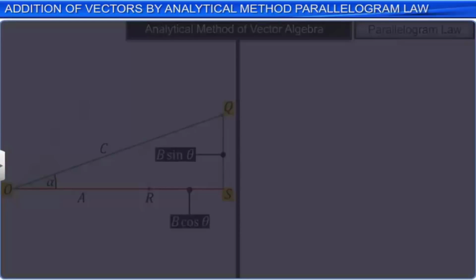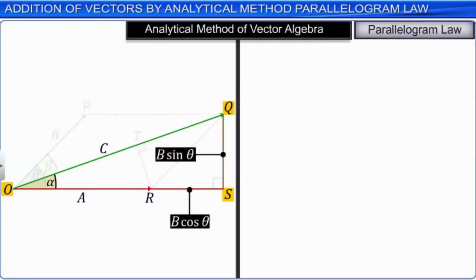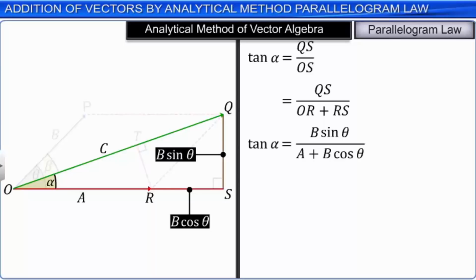Tan alpha is equal to B sine theta by A plus B cos theta. Let this be equation 16. From this equation, we can find the direction of the resultant vector C. Thus, the parallelogram law helps you find the magnitude and direction of the resultant vector C.